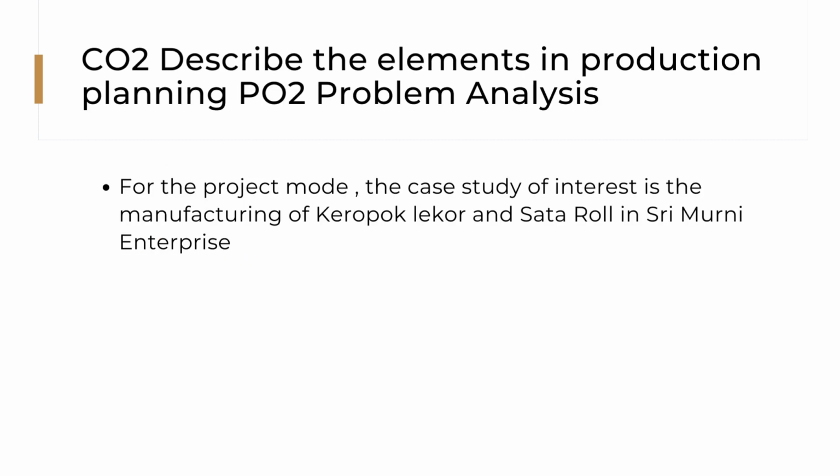So what we are supposed to do for this project mode is we have components of minutes of meeting, components of project presentation, and also the last is the project report.